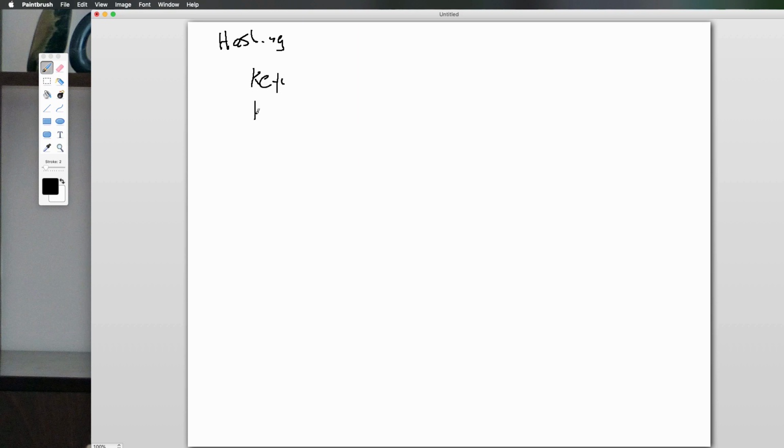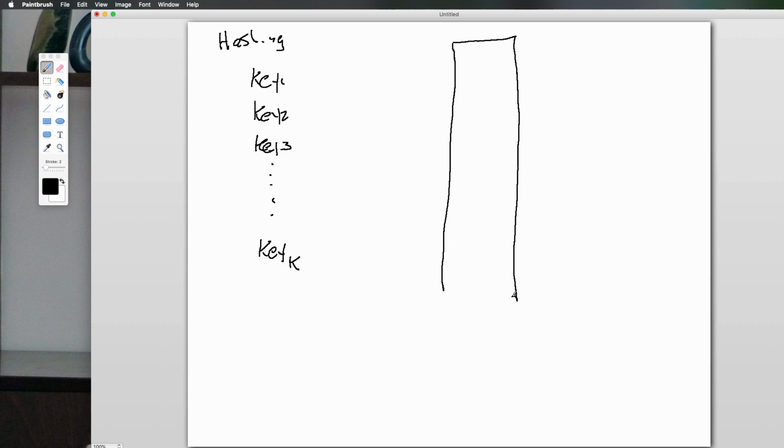So this key 1, this key 2, key 3, all the way up to some key K. Now, normally there's going to be some table over here that we're trying to hash these things into. And we're not going to be so lucky as we were in the examples that I just gave you.